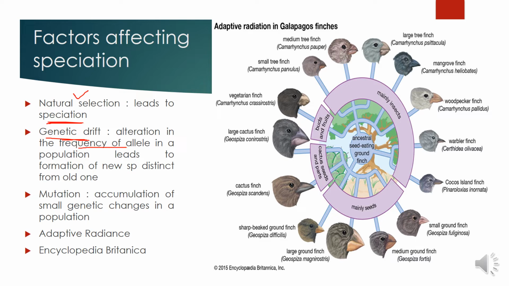And this altered frequency can also be a result of mutation in a new environment. If there is some mutation that helps the organism to survive in the new environment, then from a single parent species, many subspecies can develop into new species, and that is called adaptive radiation, which happened in the Galapagos finches.